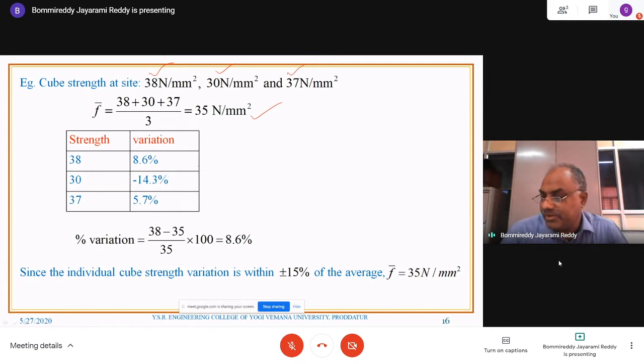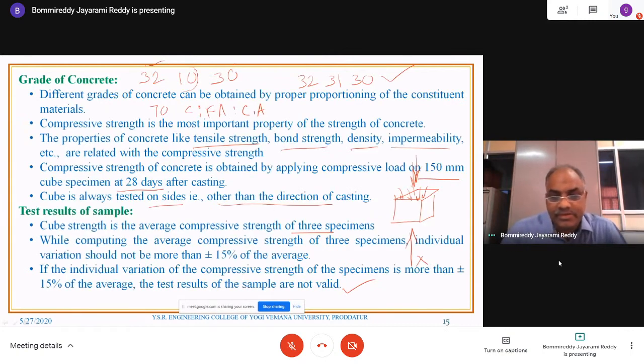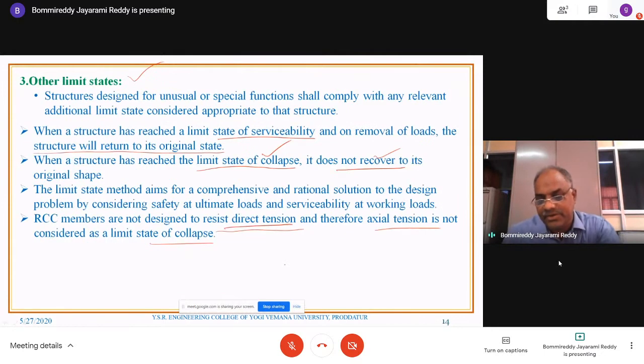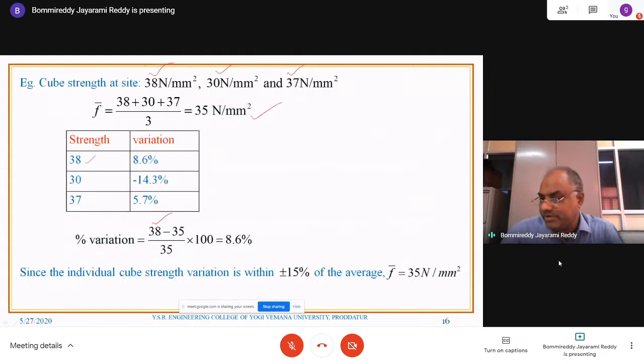To check the percent variation for 38, you take 38 minus the average value, divided by the average, because the deviation is with respect to the average. As stated earlier, the variation should not be more than 15% of the average. So the comparison is based on the average value.